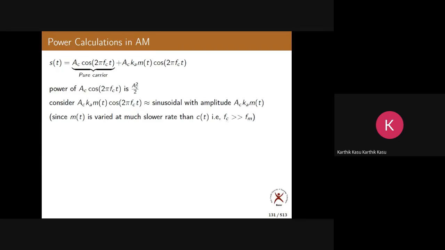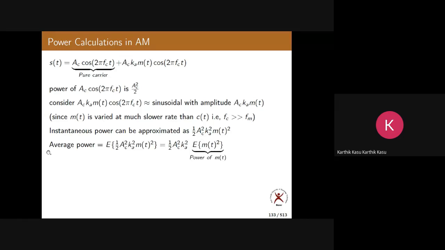So it is also a cos theta with amplitude Ac into Ka into m of t. Since we have a function of time, we should take instantaneous power. Power means again Ac square Ka square m of t whole square by 2. How to get average power? We take expectation.